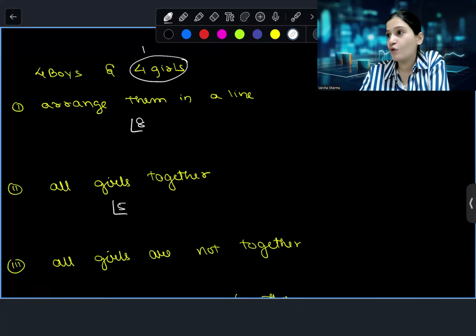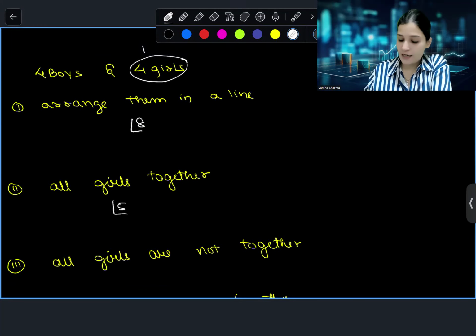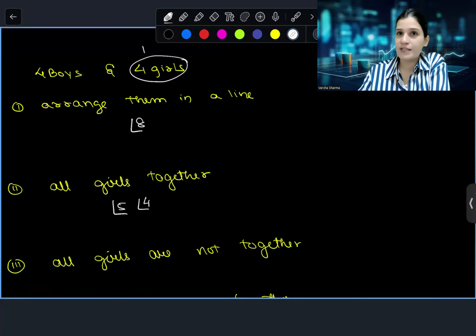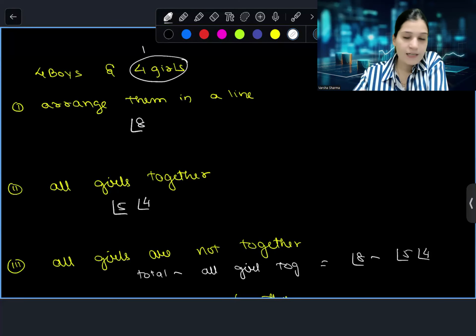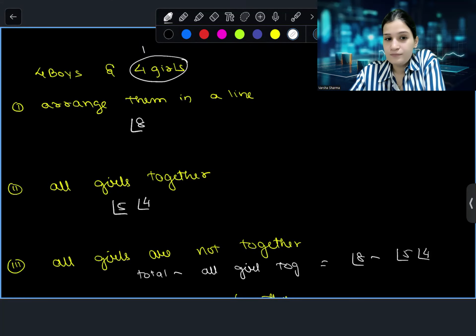Within the bundle, there are 4 girls. Those 4 girls can be arranged in 4 factorial ways. All girls are not together. This will be total minus all girls together. This will be factorial 8 minus the second one. Till here, any doubt?